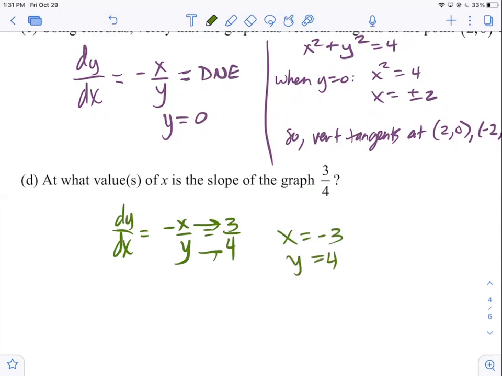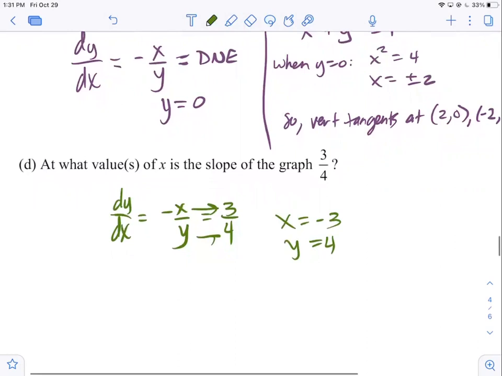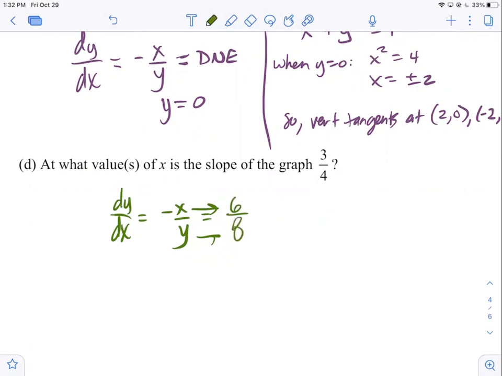No, you can't do that, because there are other versions of 3/4, right? What if 3/4 was in the form 6/8? That's also equal to 3/4, right? You can't say x is 6 now and y is 8. So it doesn't work that way, unfortunately.